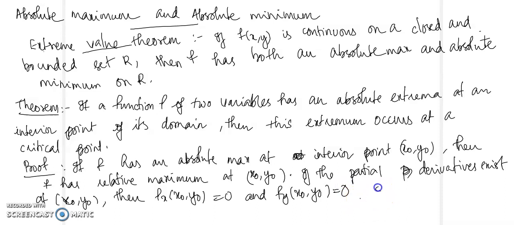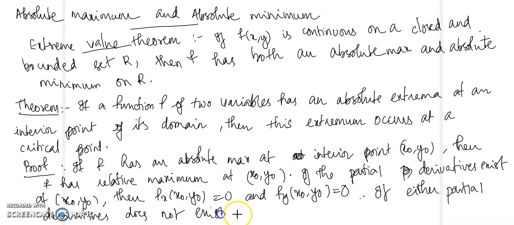And again, if either partial derivative does not exist, then by the definition of critical point, critical points are points where either fx equal to 0 and fy equal to 0, or one or both of the partial derivatives does not exist.